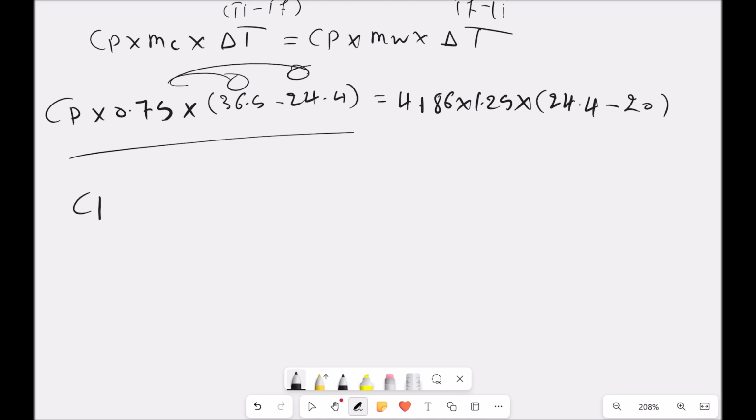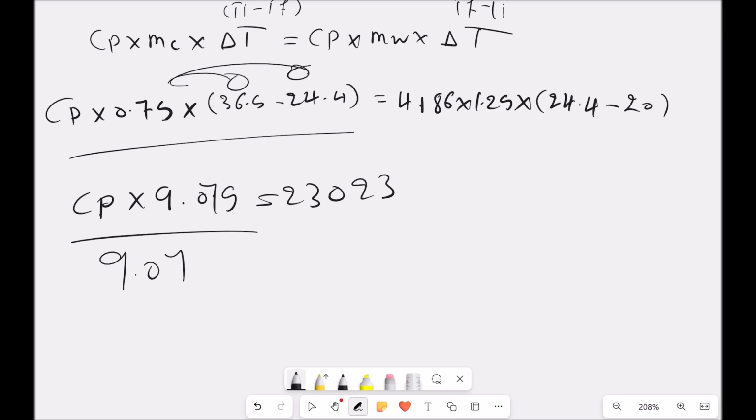You should get Cp times 9.075, which is equal to 23,023. Then divide all of this by 9.075, and divide the other side by 9.075.